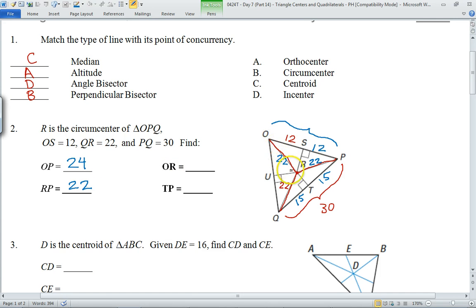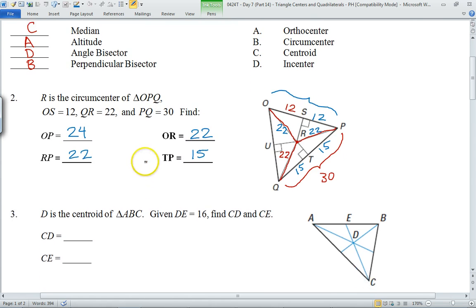OR is right here. It is 22. And we are supposed to find segment TP. TP is right here. It is 15. Okay, that's how circumcenter works.